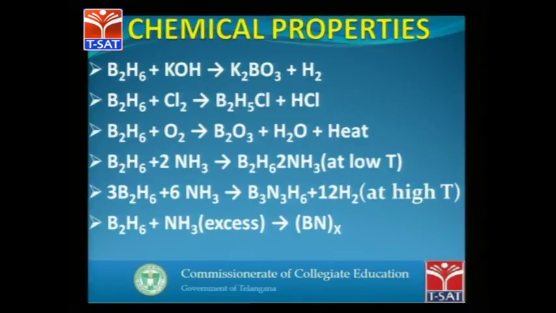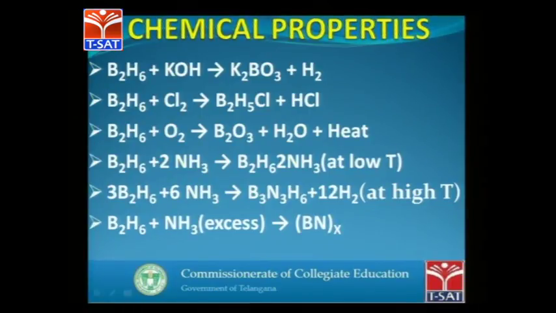Coming to the chemical properties of diborane, it is a very toxic and poisonous gas. It readily reacts with oxygen. In air it explodes; it burns with oxygen and gives boron trioxide. It is a highly exothermic reaction, and an enormous amount of energy is released.